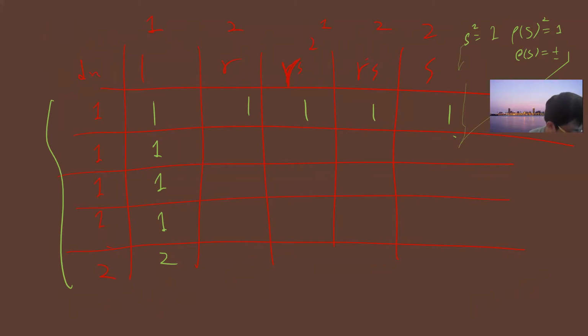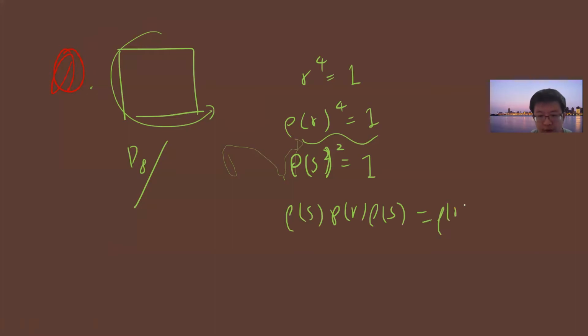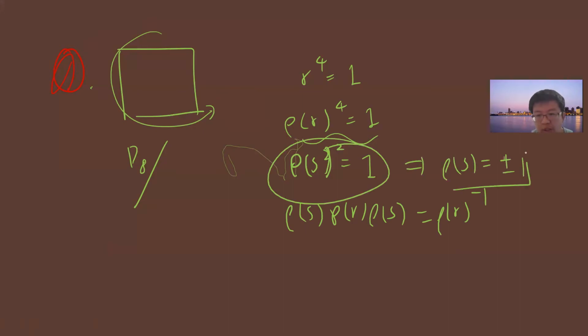Okay, so you have this, right? You have rho R to the power 4 is 1, and rho S squared is 1. And then you also have rho S is rho R inverse, right? So this relation tells you that rho S should be plus or minus 1, right? But let's pick rho S is 1, right?